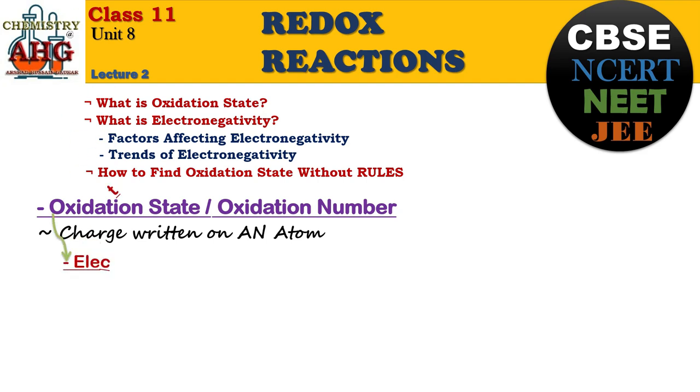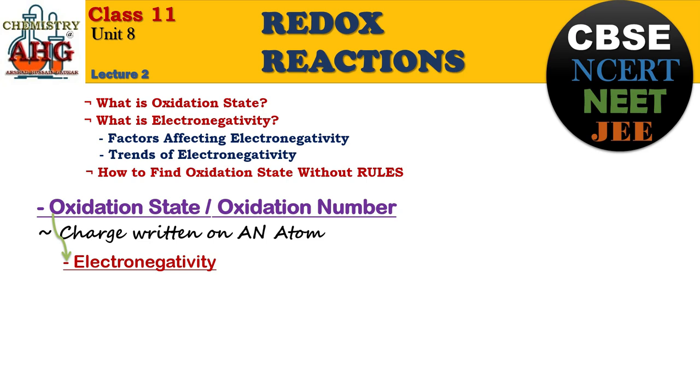This is an important property of different elements, and it helps us in finding the oxidation state of any element without using any rules. So first of all, you must remember what electronegativity is and how it plays a vital role in deciding the oxidation state or oxidation number of an element.